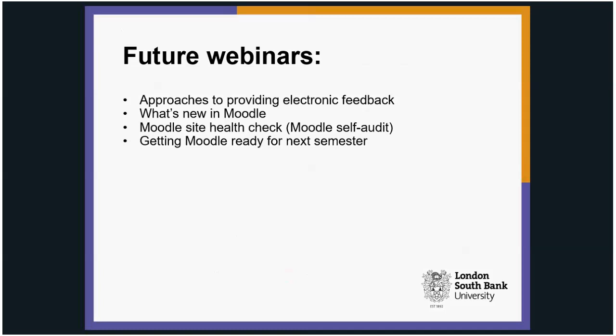And then there will be other ones on approaches to providing electronic feedback, which will be looking at how to set up a rubric, and then the last two are fairly similar. So a Moodle site health check will look at what should go into a typical Moodle module, and then getting Moodle ready for next semester will cover basically the Dell baseline in terms of, again, what should go into a typical Moodle module.